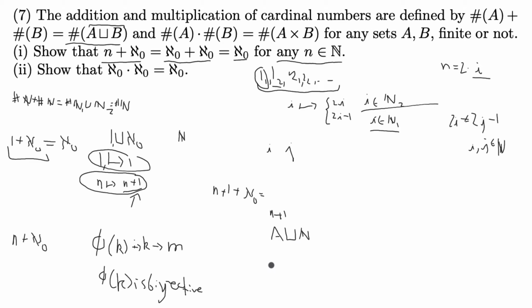We'll call it psi, which takes 1, where 1 is taken from this, I'll call it maybe 1, 1, and sends it to 1 in the natural numbers. And then it takes the nth, that's wrong.